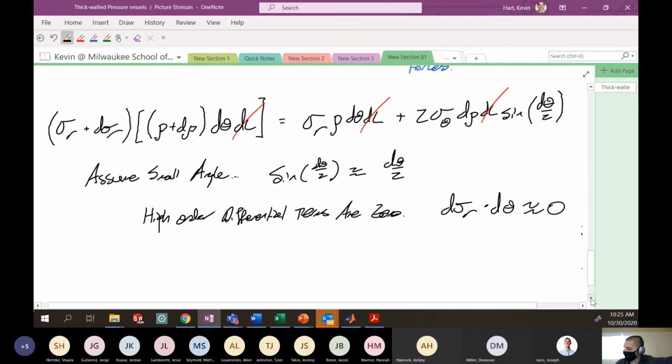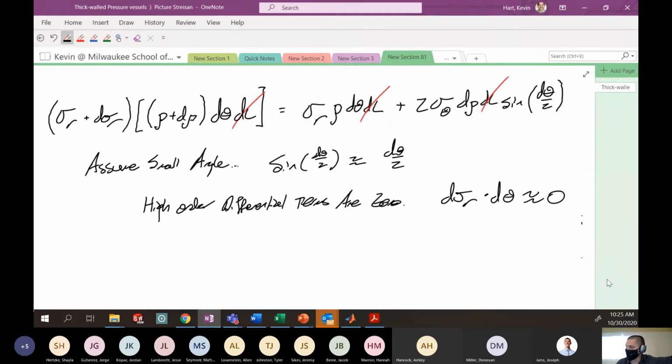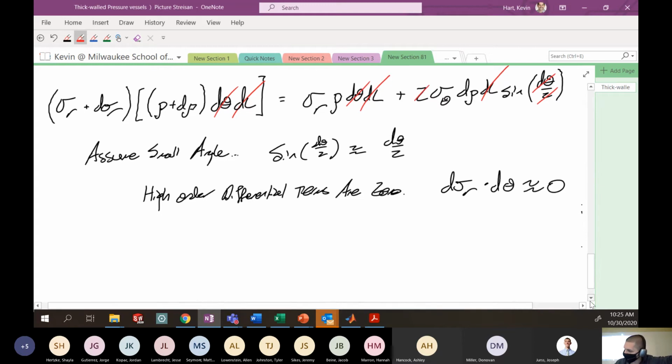So instead of multiplying all these things out, actually these d thetas are also going to cancel. This d theta will cancel with this. Assuming small angle, this guy's going to cancel out as well. That's convenient. This 2 is going to cancel this 2. Also convenient. The small angle assumption really comes in when you have these two terms multiplying each other.